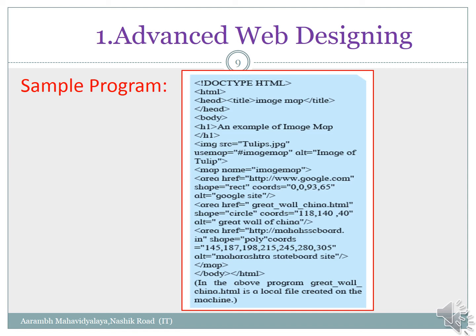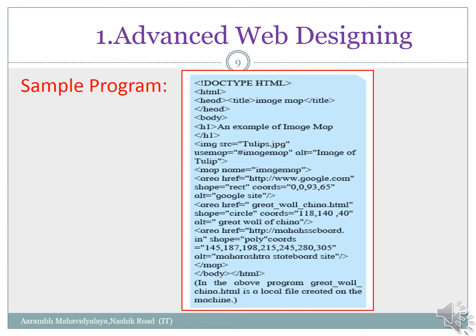Under area we have to specify the first attribute as href. Here we have provided the URL as Google and shape equal to rect. That means we have to specify the rectangle with four coordinates as 0, 0, 93 and 65. The first 0 indicates x1, the second 0 indicates y1, 93 indicates x2 and 65 indicates the y2 coordinate. And I have provided the alternate name as Google site.